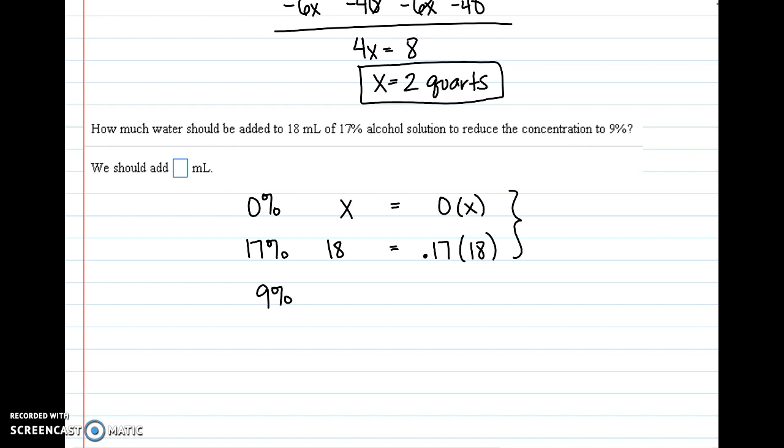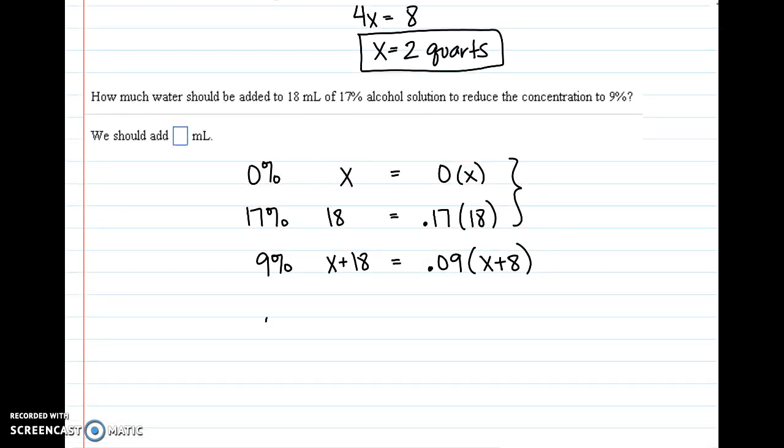Okay? How many milliliters is our solution going to be? It's going to be 18 milliliters plus X milliliters. So we get 0.09 times X plus 18. Okay? So we have 0x plus 0.17 times 18 equals 0.09 times X plus 18.